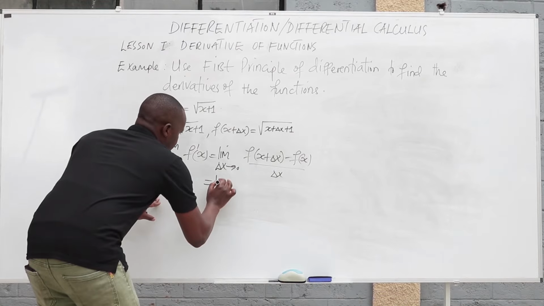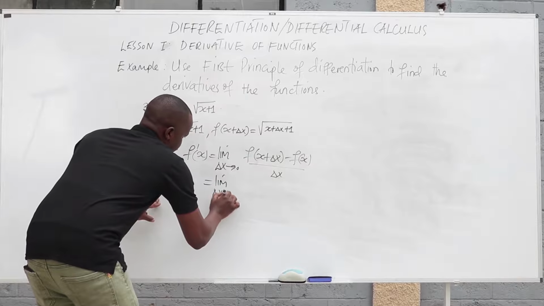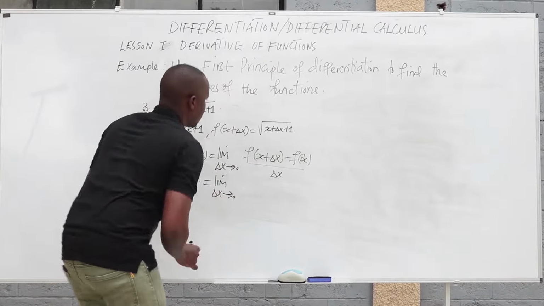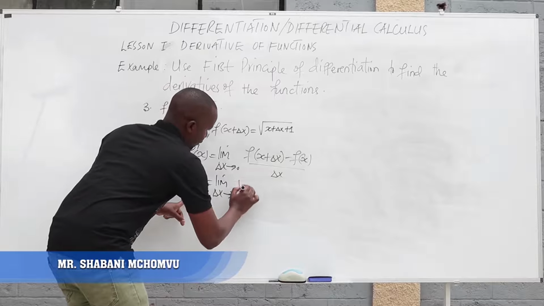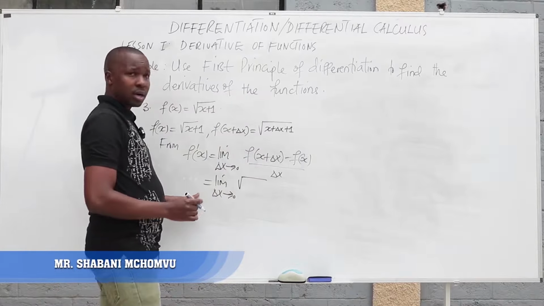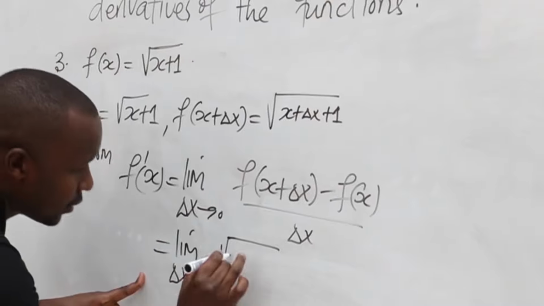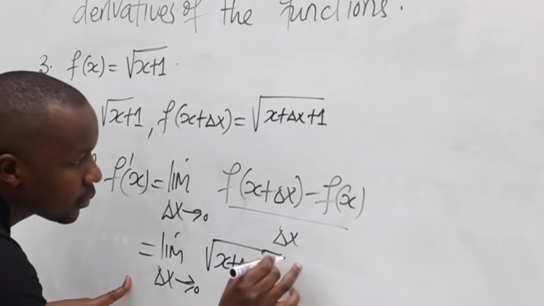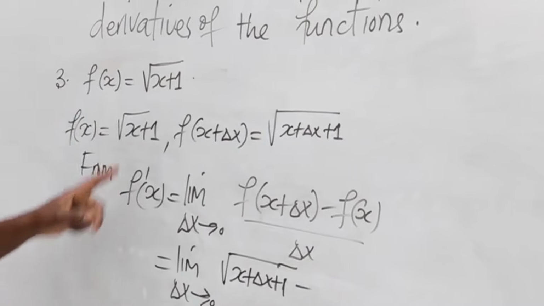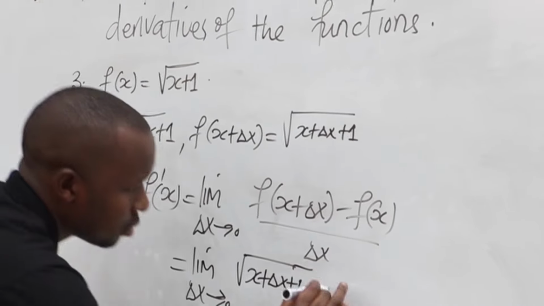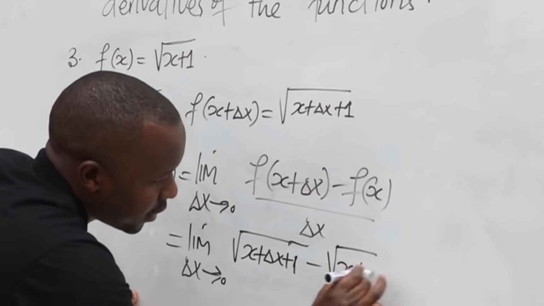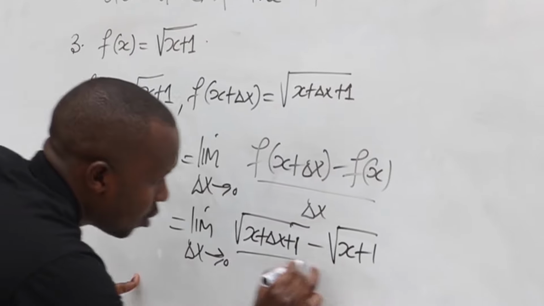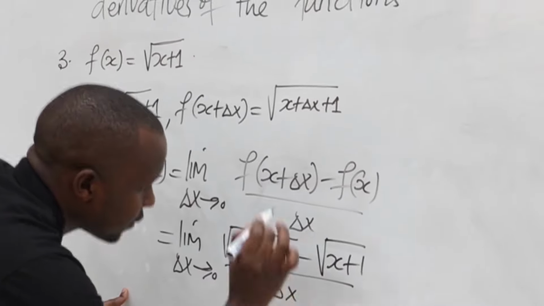So now it becomes limit as change in x approaches 0 of the radical of x plus change in x plus 1, minus the function of x, that is the radical of x plus 1. Now all these we divide by the change in x.